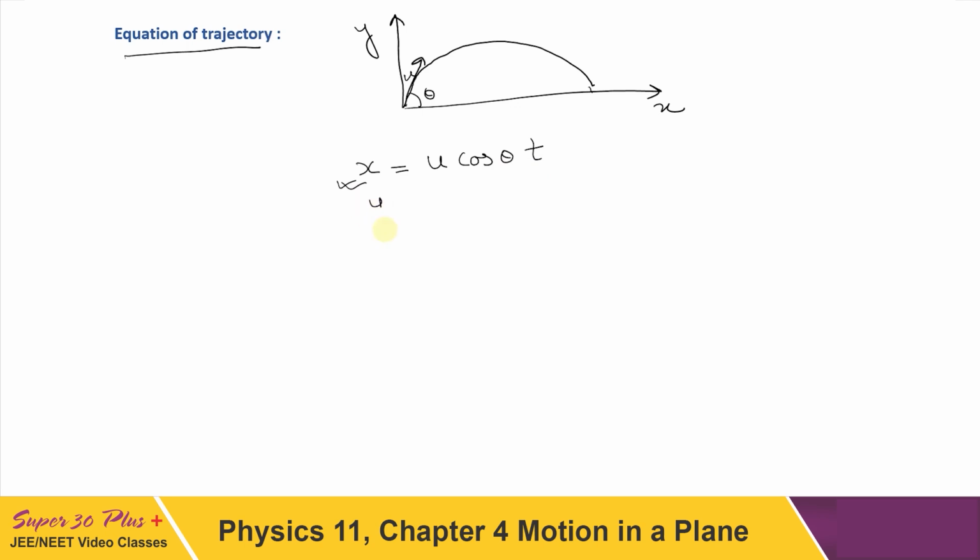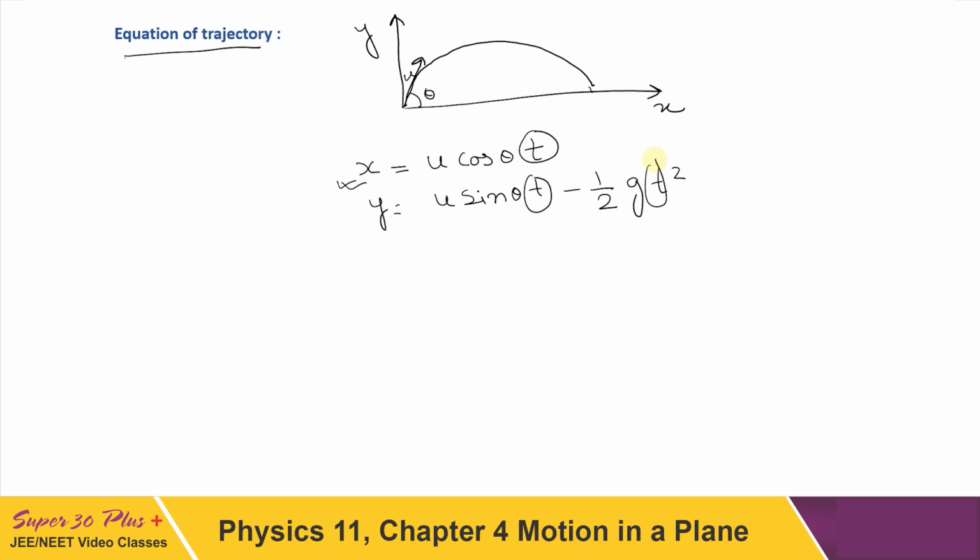For y we have to write u sin theta t minus half g t square. Now for equation of trajectory, relation has to be set between y and x coordinate. This is how equation of trajectory or path equation is written. So t is the undesired physical quantity involved here, which we have to eliminate to get equation of trajectory.